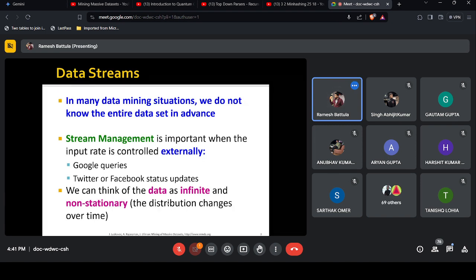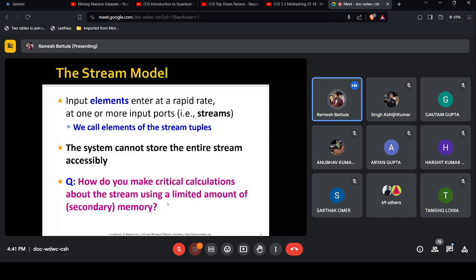How do we analyze that without a value? Input elements enter at a rapid rate at one or more input ports. The streaming elements are treated as stream tuples. We cannot store the entire stream, so we have to find how much limited memory we will use to store this information.